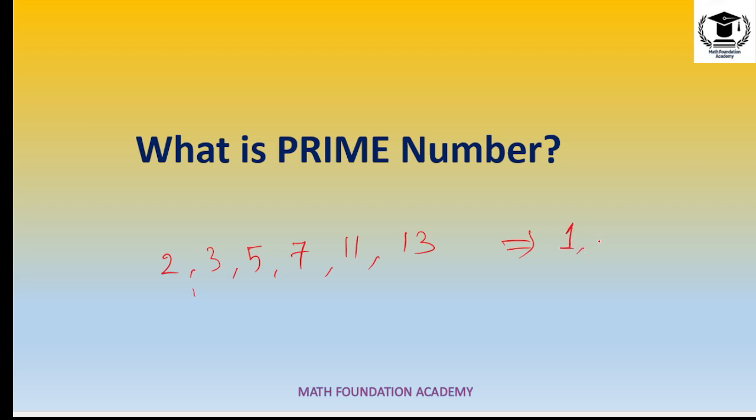One is 1 and the other is the number itself, right? This prime number concept is very simple, and in the higher classes, you'll see a lot of questions given in different Olympiad exams or competitive exams based on prime numbers, their characteristics and features.